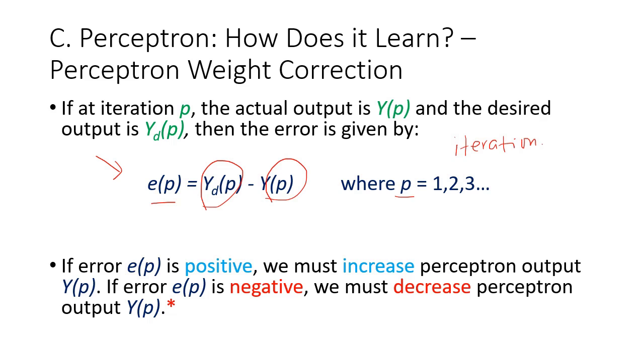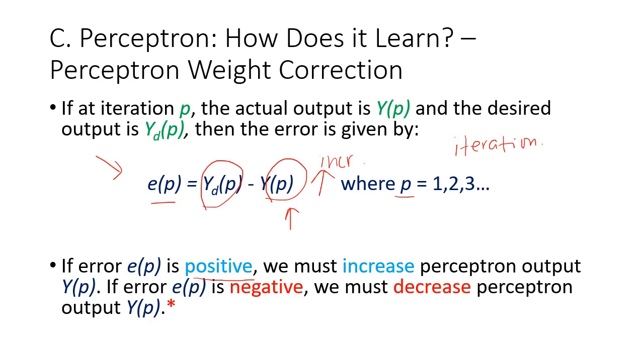If the error result is positive, it means the actual result is much smaller than the desired result. Therefore, the actual result must be increased.